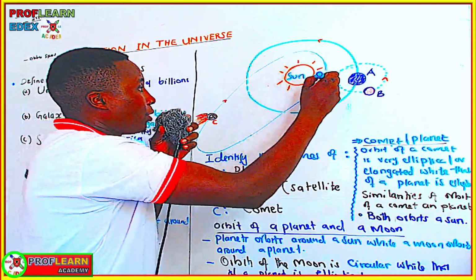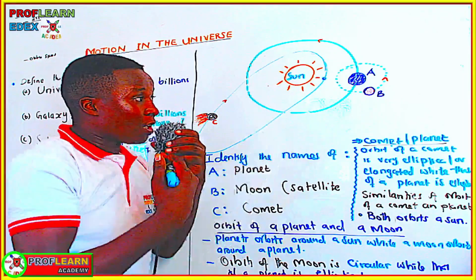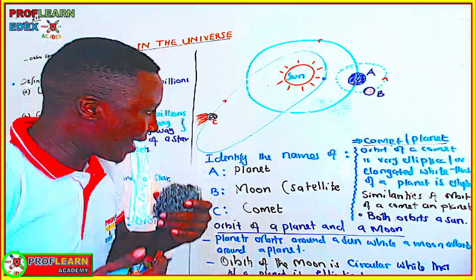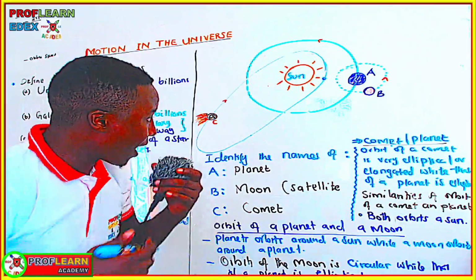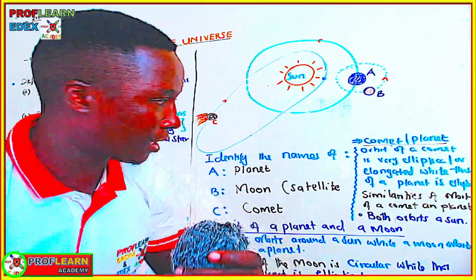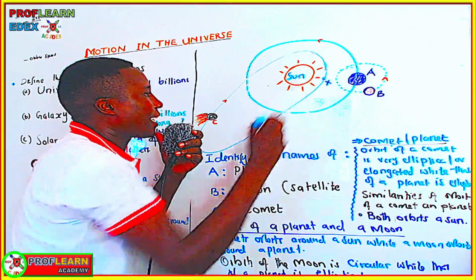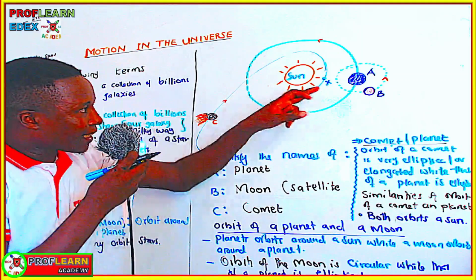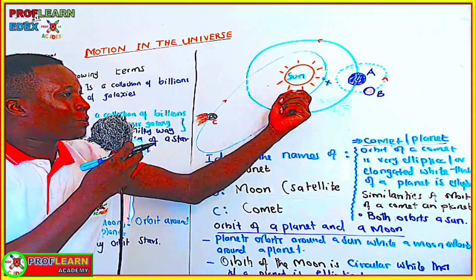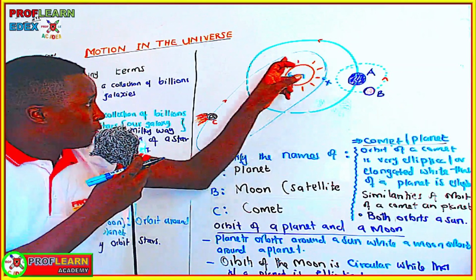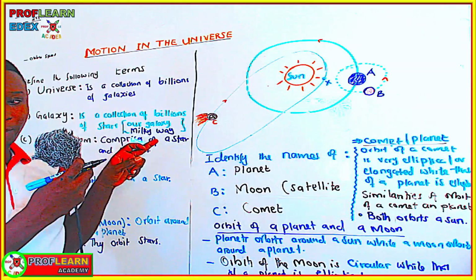So at this point here, you may be told to identify where this comet is moving at a very high speed. Where is it moving very fast? So the comet is moving very fast at point X, because at this point it's going to experience a very strong gravitational pull, so it moves very fast through that particular point.